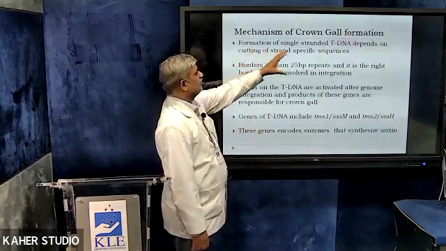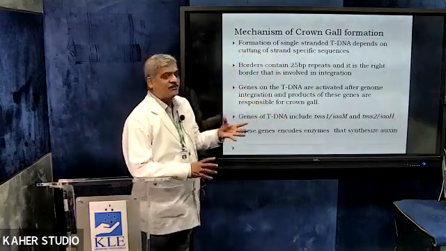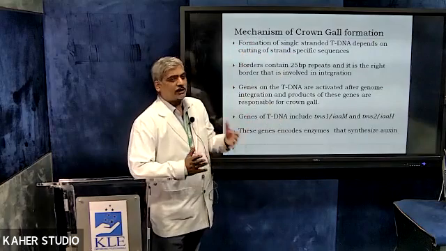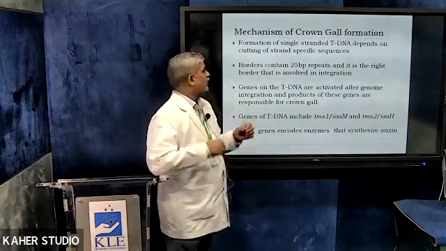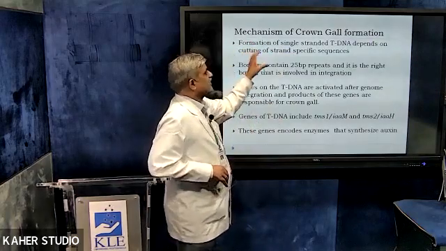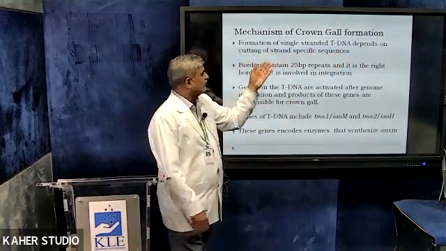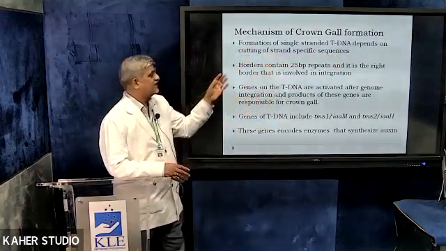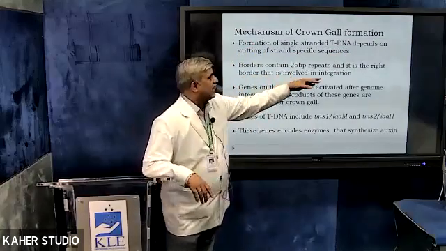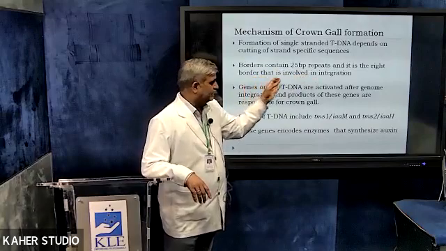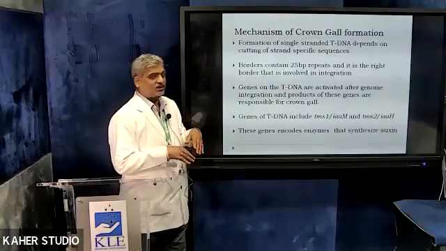So the mechanism of crown gall formation has been studied and has been mimicked by the scientists to create newer varieties by introducing the genes of interest into the Ti plasmid. We have the formation of single stranded T-DNA, which depends on the cutting of the strand at specific sequences, the borders, which usually contain 25 base pairs, and it is the right border that is involved in the integration into the genome.